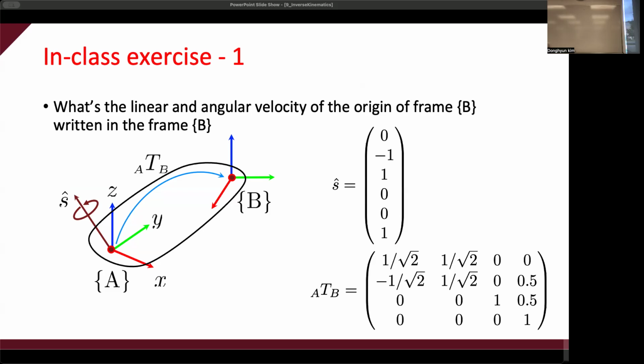The angular velocity remains going forward. So we need to include the cross product. Basically, we're going to find the aspect of the one frame right now.